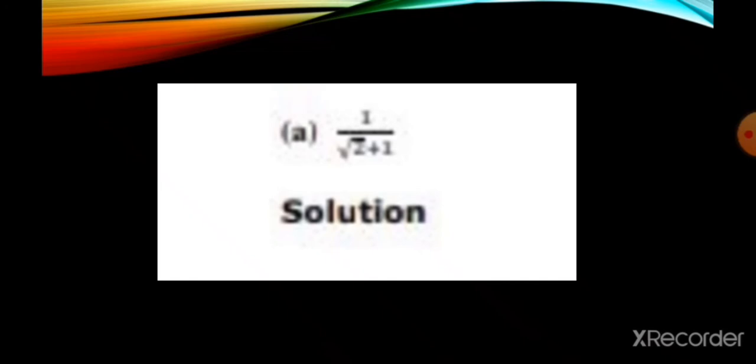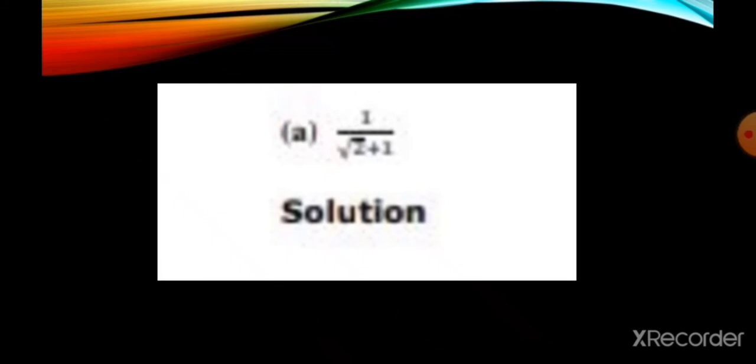Let's have an example. 1 over root 2 plus 1. We are going to rationalize that. In this question, what is the denominator of the surd that is given? The denominator of the surd given is root 2 plus 1.